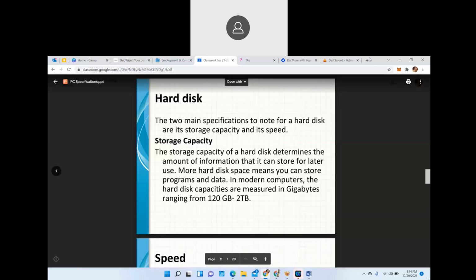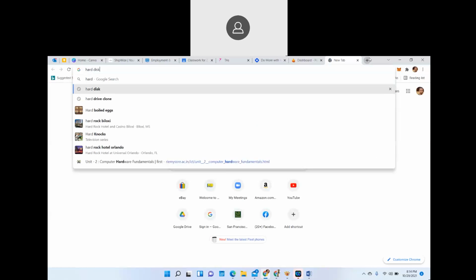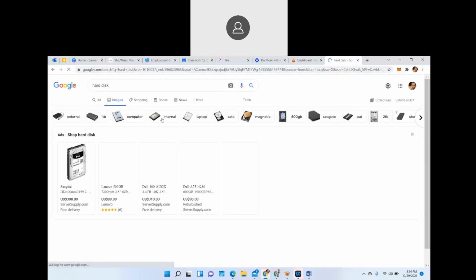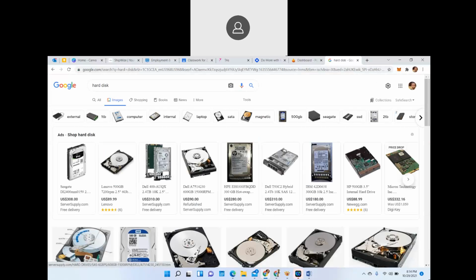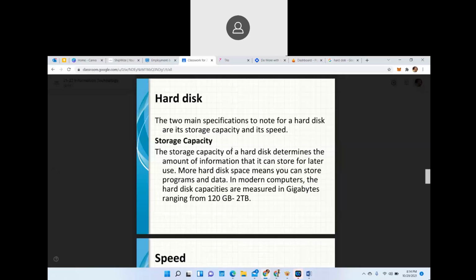And remember, I showed you what a hard disk looks like. So this is actually a hard disk. It contains moving parts, some disk inside of it spinning. Now, this is gradually being replaced by solid state. Solid state has no moving parts. It's much faster than a hard drive, but it's much more expensive.